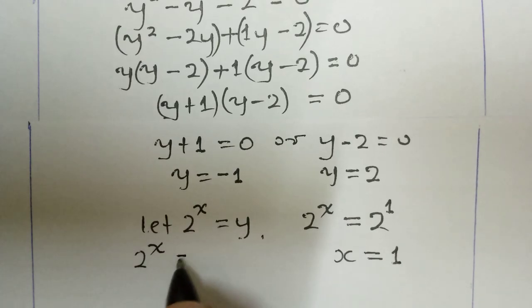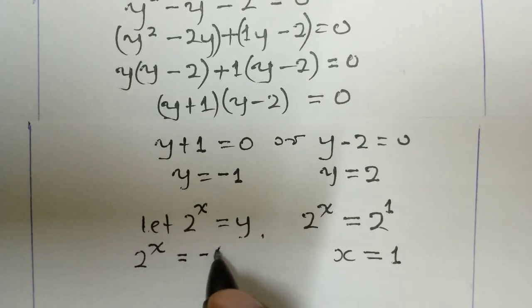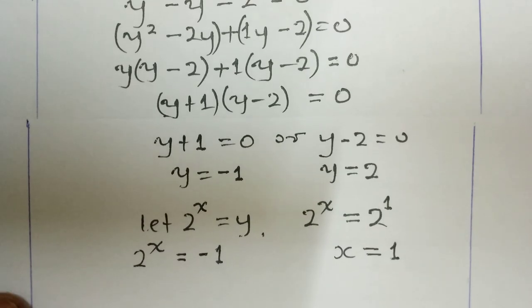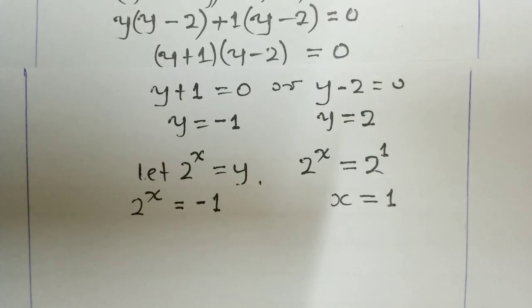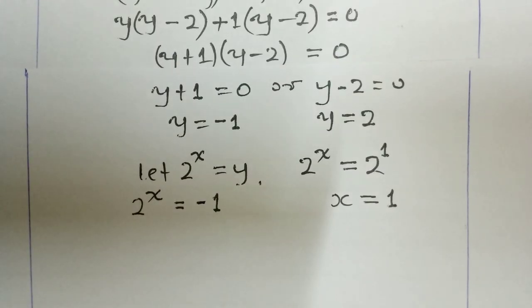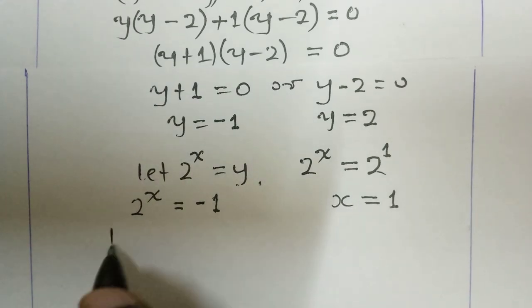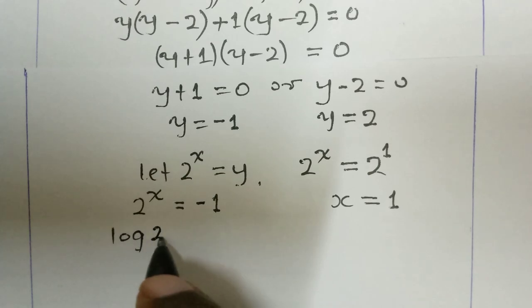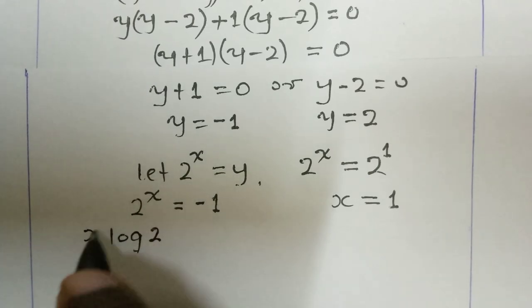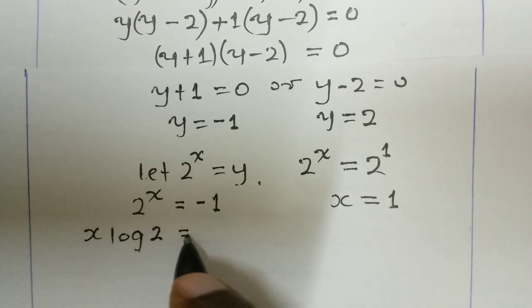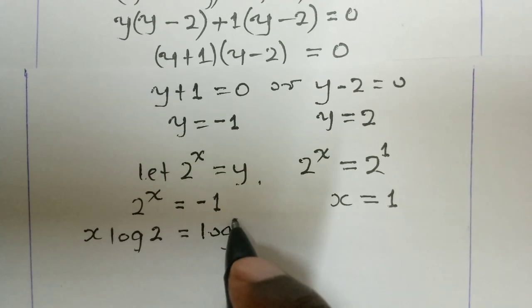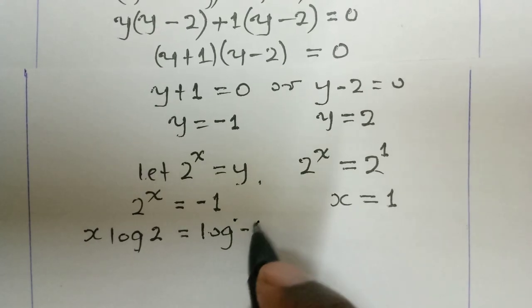Guys, coming to this other side, we will have 2 raised to x equals -1. For this case, guys, what we do is that we use logarithm. But remember, guys, if we use logarithm like this, for example we say log base 2 on that side, and then x comes here, this one now equals log -1.